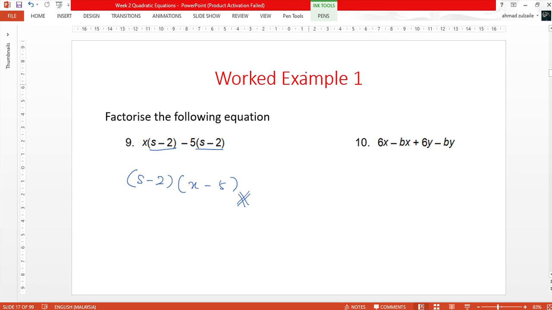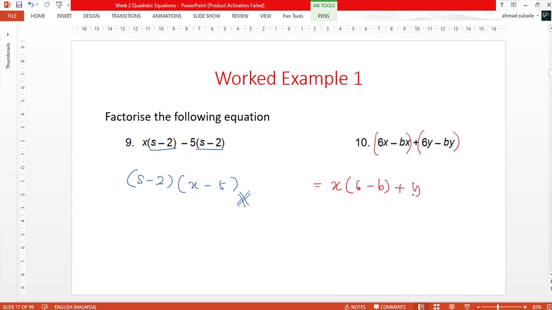Okay, so let's take a look at question number 10. Again, the first two terms in a group, the last two terms in a group. Be careful again with the sign in between them. In our case, it's only an addition, so there should be no problem. Now factorize the first two terms over here. x will be the common factor, since both terms consist of x.